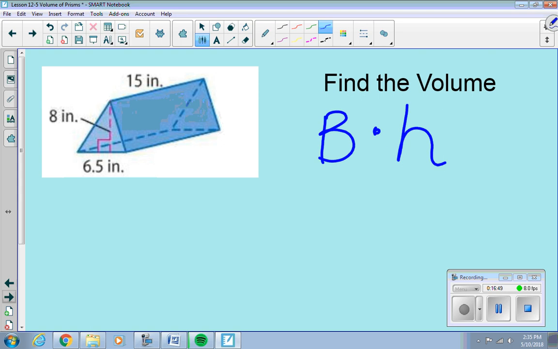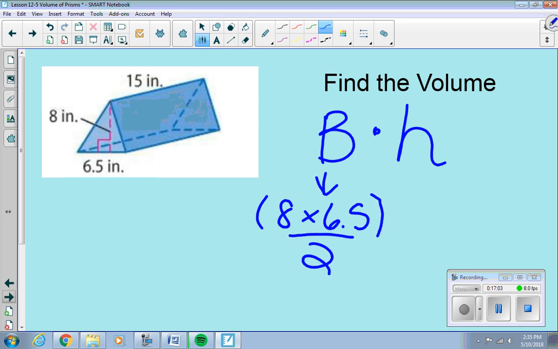What shape is my base, Carver? The triangle. So, how do I find the area of that triangle that they're giving me? Yep. So what's just the area of the triangle? Anybody find that out? 26. I think you're right. So 26 is just the area of the triangle. That's just my big B.